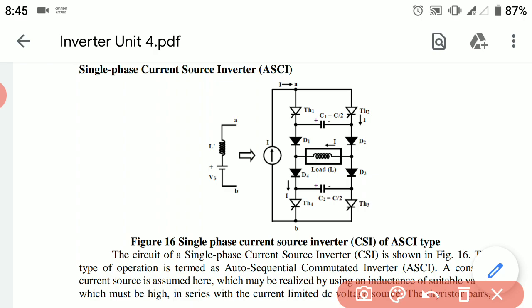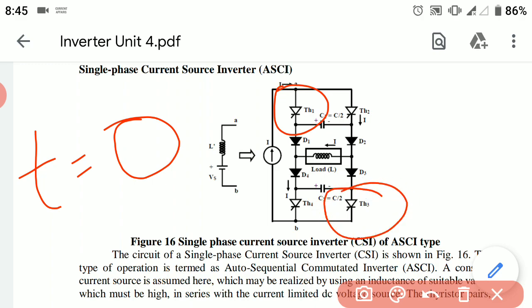After the time t equal to 0 minus, we have a time t equal to 0. At time t equal to 0, we will trigger on the thyristors TH1 and TH3.